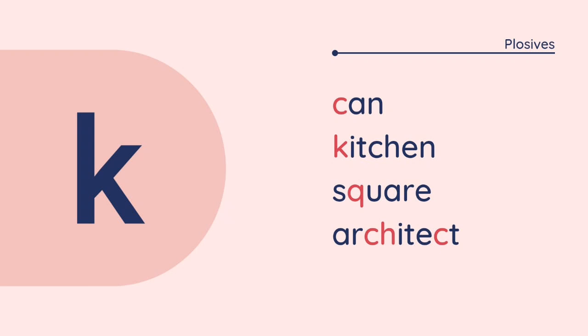That last word is usually mispronounced by some people. No, the correct pronunciation is architect. So we have can, kitchen, square, and architect.